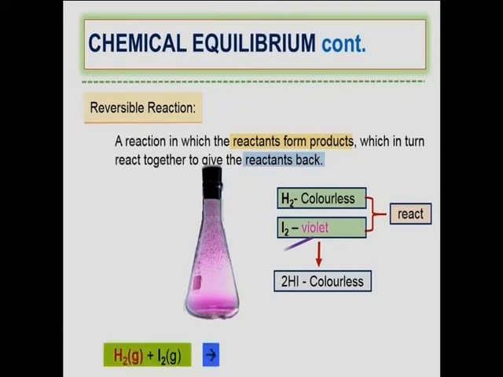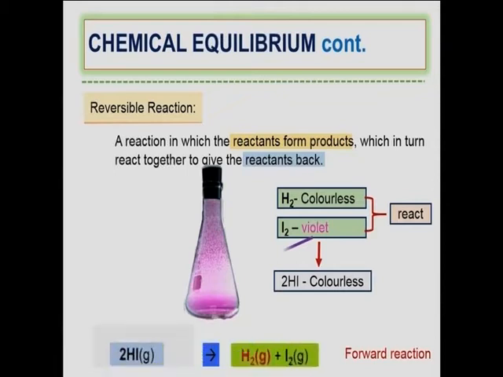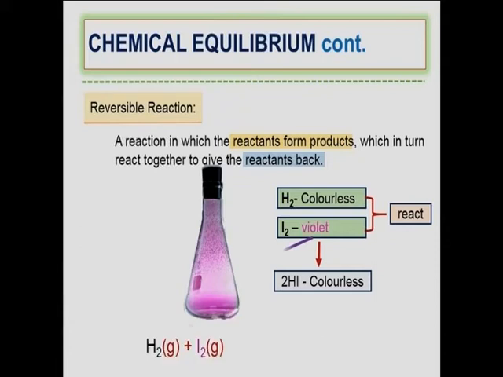In fact, what happens is hydrogen and iodine react to give us colorless hydrogen iodide, which is the forward reaction, and again there is a backward reaction, the reverse reaction, hydrogen iodide breaking down to give hydrogen and violet iodine. So you can represent this together with one arrow that tells us about the forward reaction and another arrow that tells us about the backward reaction.